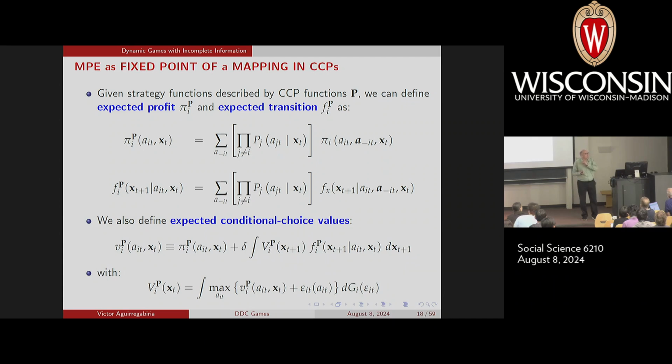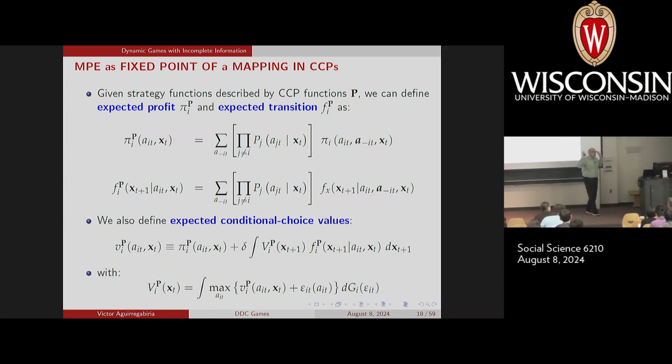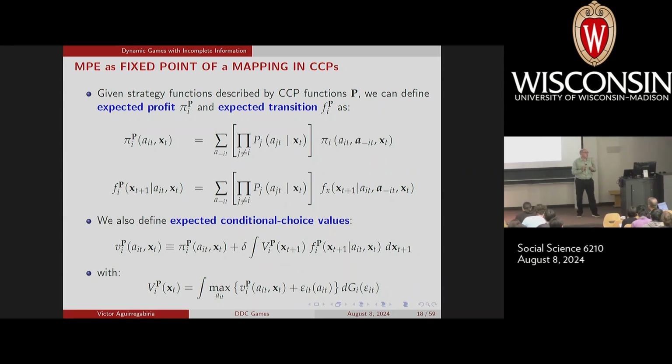Any Bayesian Nash equilibrium in a game of incomplete information can be interpreted as an equilibrium in mixed strategies in a game without incomplete information. That's the case here. We are interpreting this result as an equilibrium in pure strategies in a game of incomplete information, but you could interpret it also as an equilibrium in mixed strategies in the model where we do not have the private information epsilons.